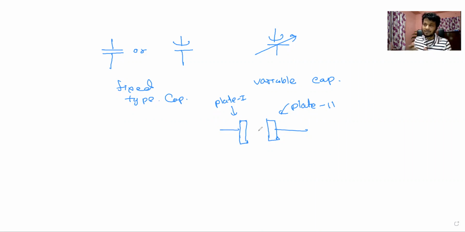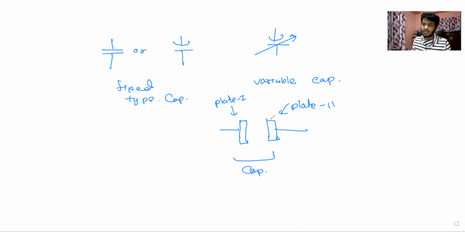A dielectric medium means some insulator is kept between these two parallel plates so that charge cannot go from one plate to another. If charge keeps moving from one plate to another, then obviously charge will not be stored on these two parallel plates. This is a capacitor actually.